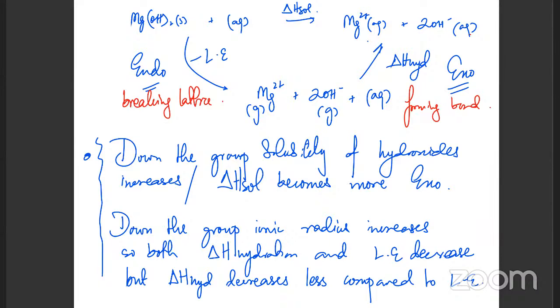Lattice energy is exo, but lattice energy is gaseous ions combining to form the lattice. We're doing the opposite over here. We're breaking the lattice. Okay? Yes, exactly. The direction is the opposite because of the sign.